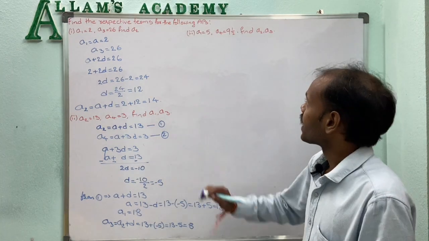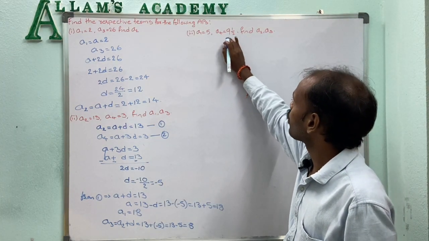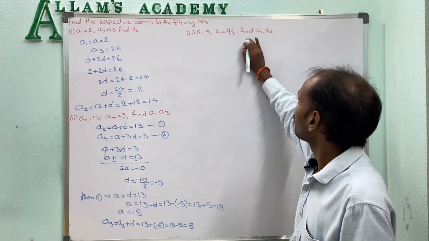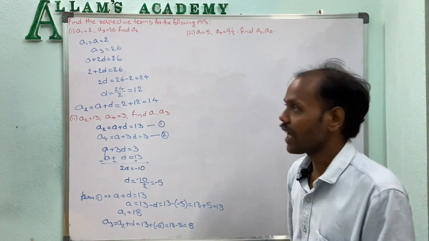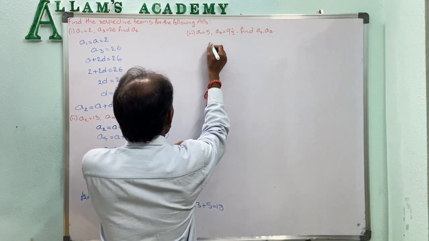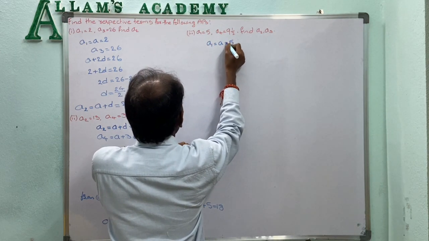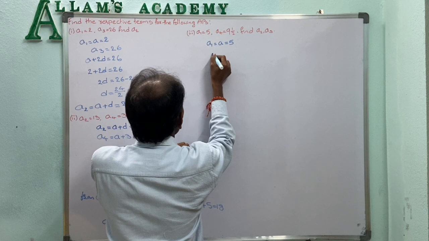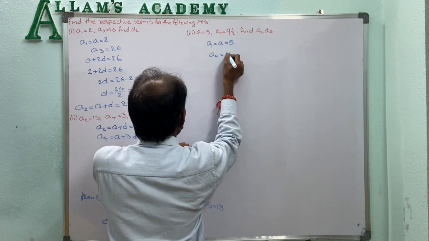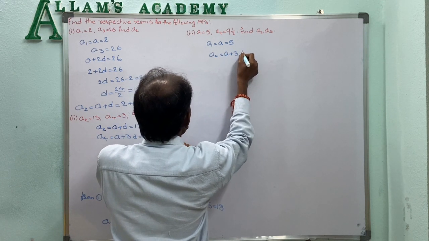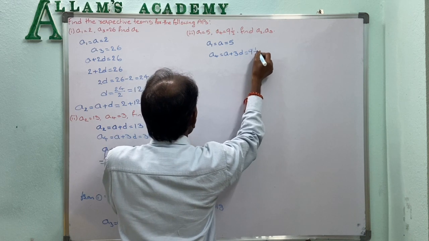Here given A1 equal to 5, A4 equal to 9 whole 1 by 2. Find A2 and A3. So here the first term A1 is equal to a equal to 5 given, and the fourth term A4, that is nothing but a plus 3d, is 9 whole 1 by 2 given.